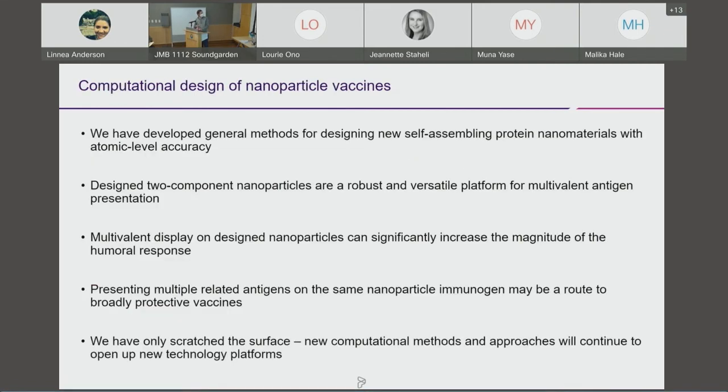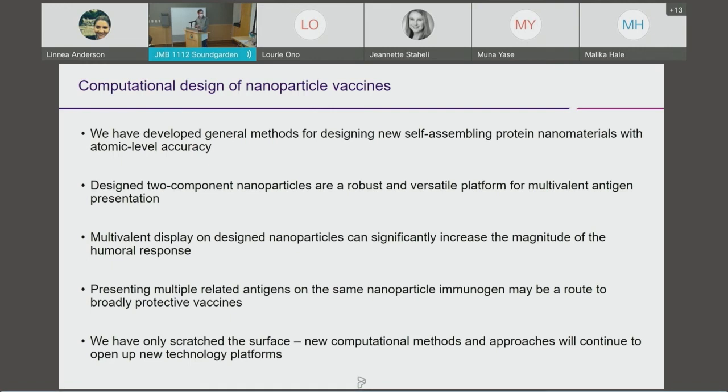So, summary, just the key points, right? We have these methods for playing Legos with proteins. We've used them as multivalent antigen presentation platforms, and it really does seem to work pretty well there. That multivalent display can significantly increase the magnitude of the humoral response, like for the monomeric SARS-CoV-2 RBD, but also these mosaic nanoparticles may be a route to broadly protective vaccines, and we're working very hard on this now.